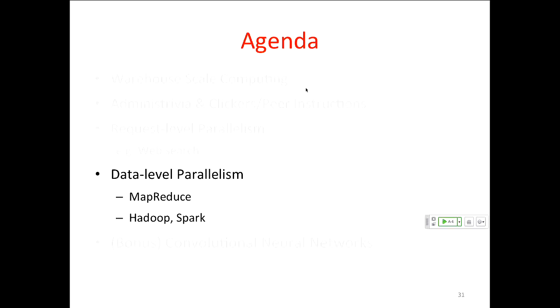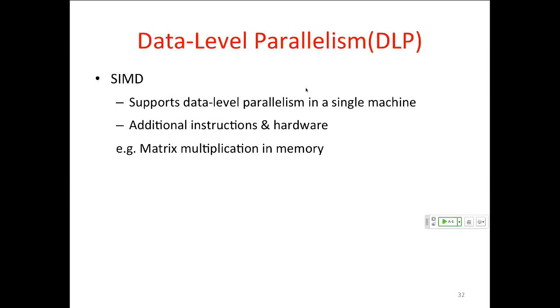Okay, so let's jump into data level parallelism on a warehouse scale computer. We have already looked at data level parallelism in a single machine. It's supported by what is called SIMD, which is basically supported by additional instructions and hardware in a single machine.